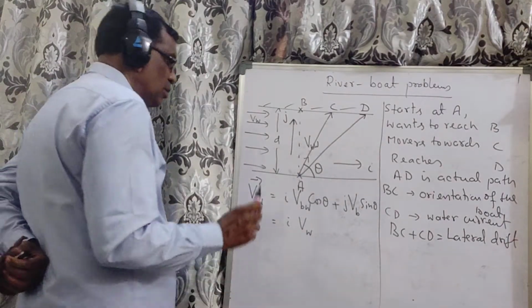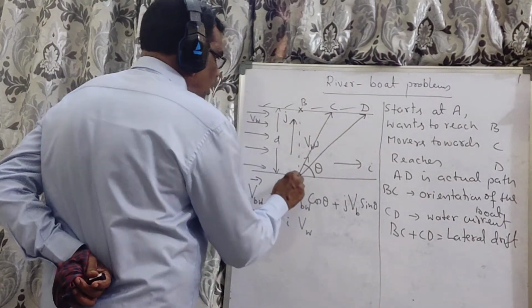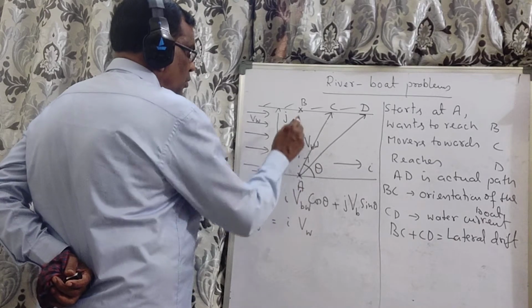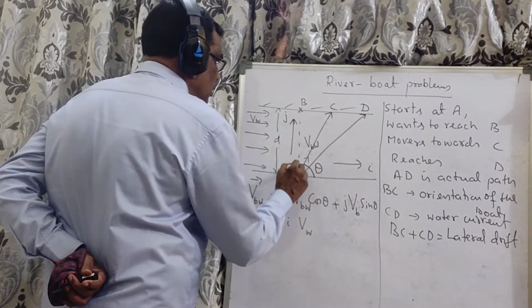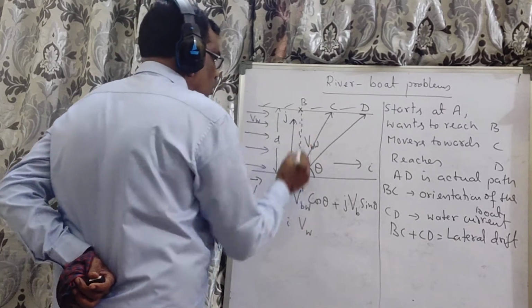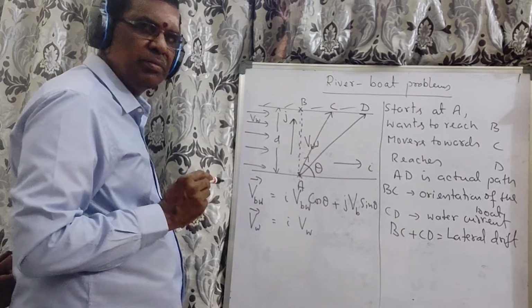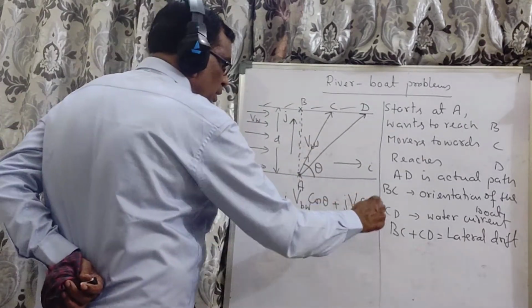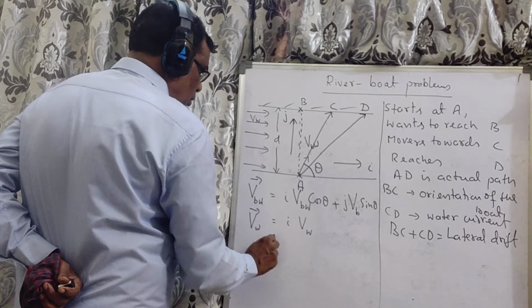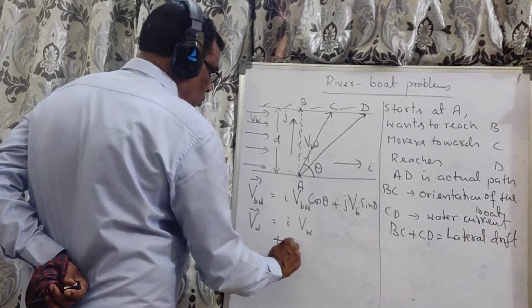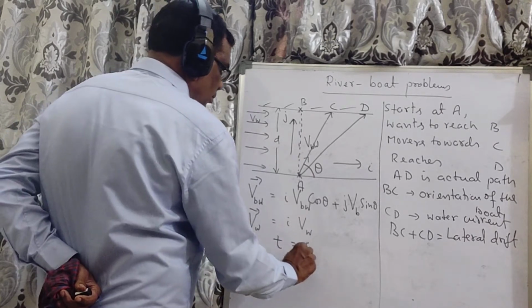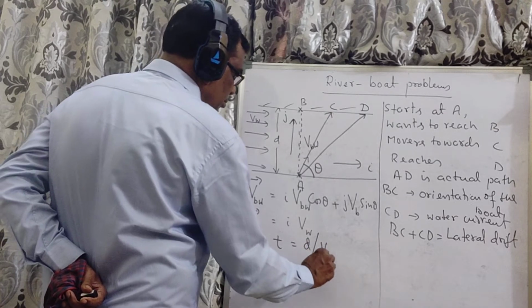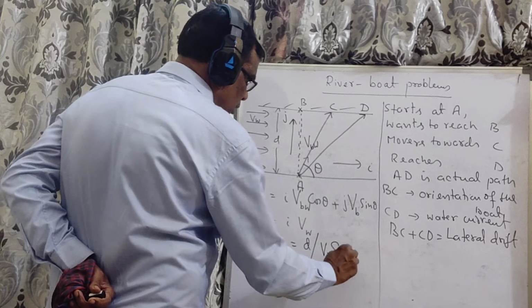Now, question is time taken to cross the river. That means what is the effective velocity along AB? AB is VB sin theta. So, time taken to cross the river is D by VB sin theta.